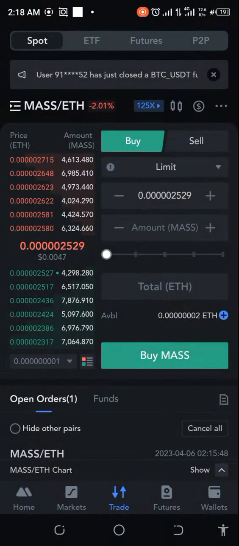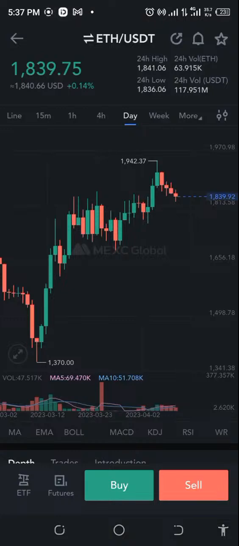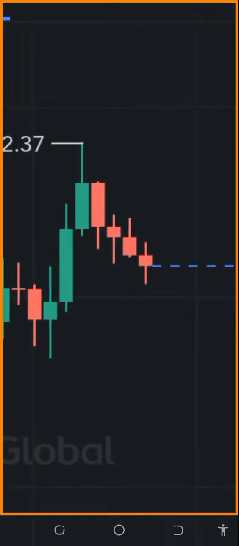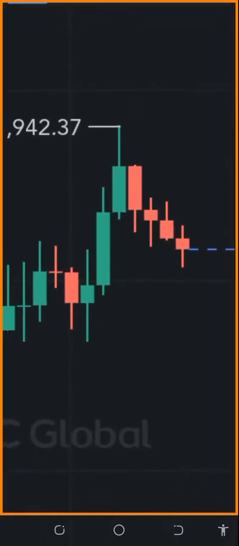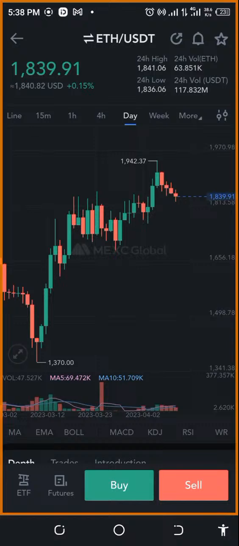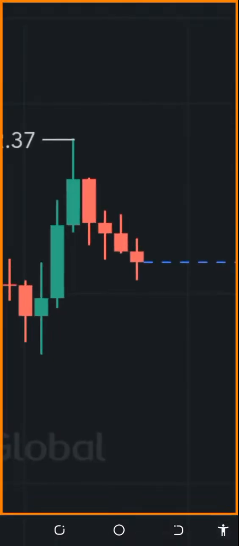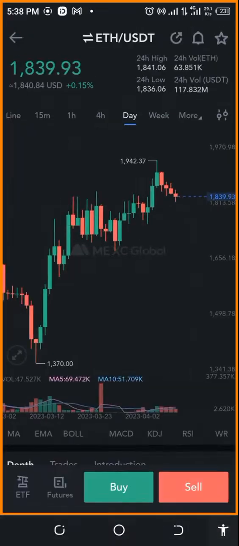See you shortly. Okay, all right, I'm back after 3 days, and it just seems like ETH decided to go down. As you can see here, this is the 1 day chart, and you can see that for the past 3 days the ETH has been going down, right?